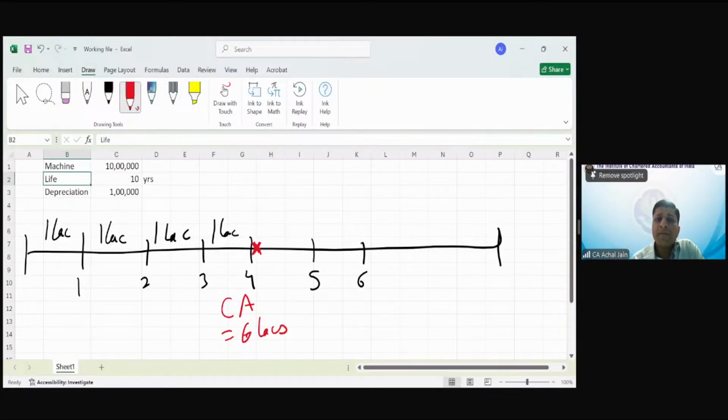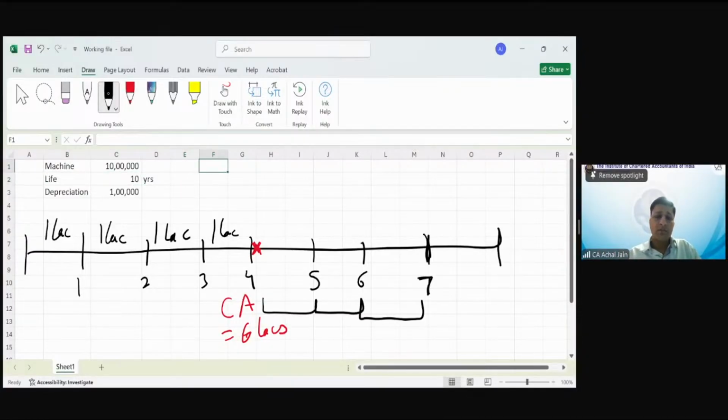They found that this machine will not be usable beyond the next 3 years. So they reassessed the useful life, and found that this machine will only be usable for the next 3 years.